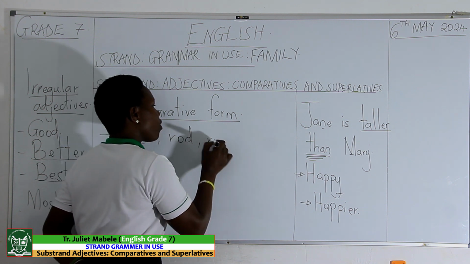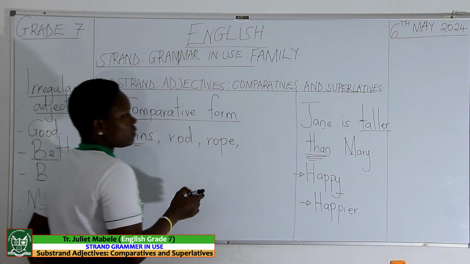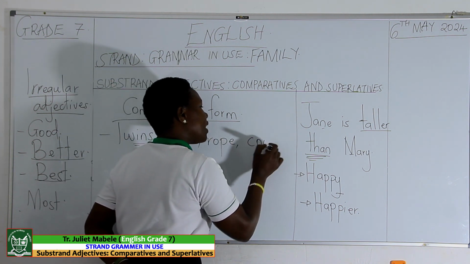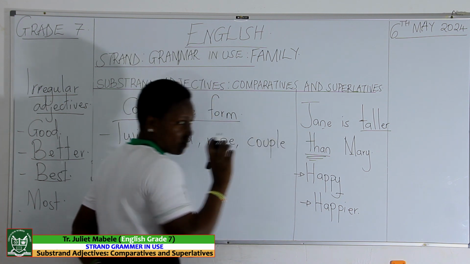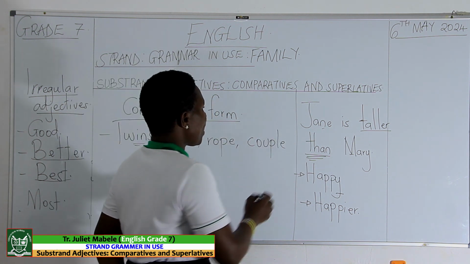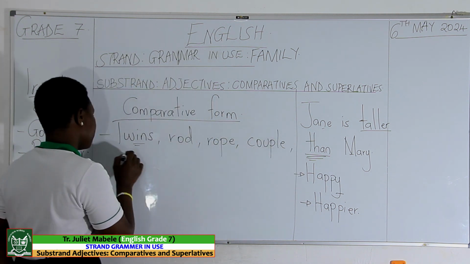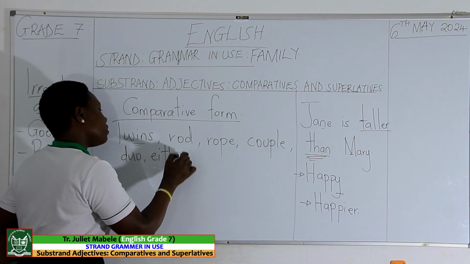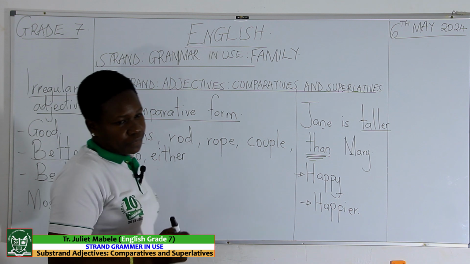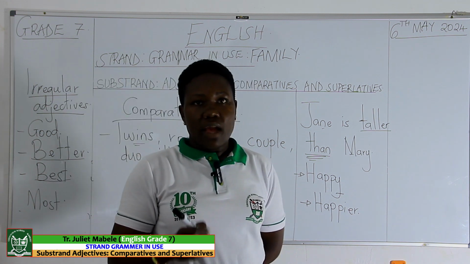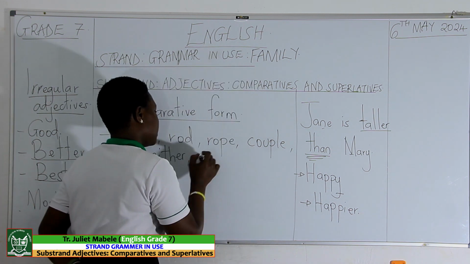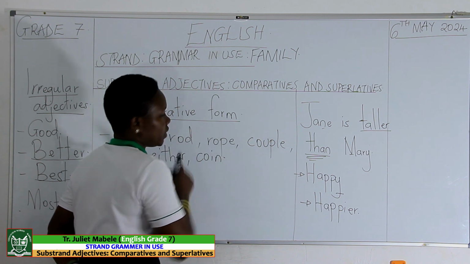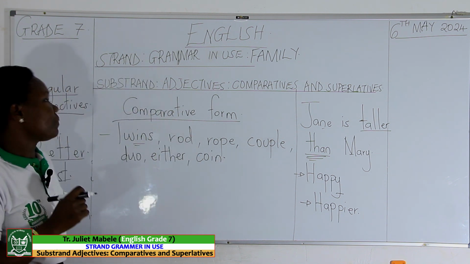We have a rope. We also have a couple, because that means that we have two spouses who have come together. We have a duo, either, and even coin. Let's also add coin because it has two sides, right?